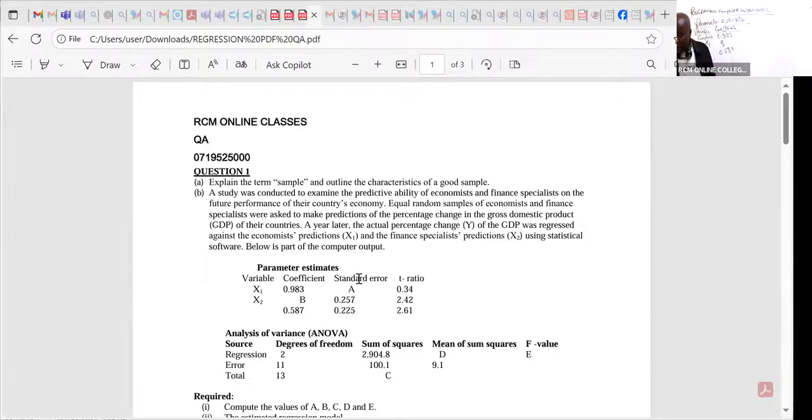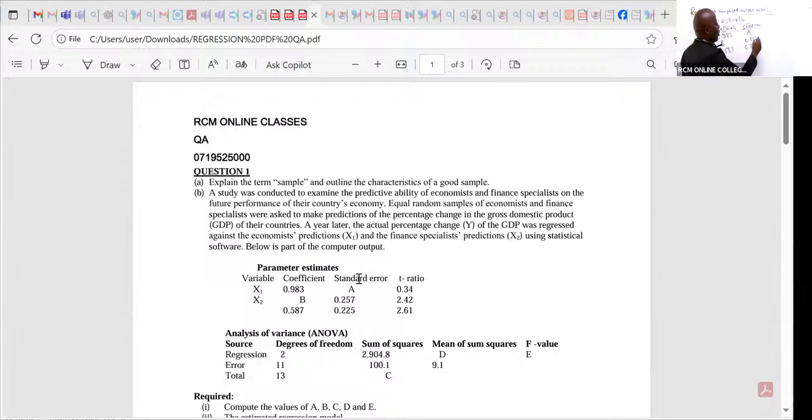Yeah, and then we have the standard error. So standard error, ladies and gentlemen, what do we have over here? Standard error, A, 0.257. That is standard error, 0.257. Then we have 0.22, 0.225.